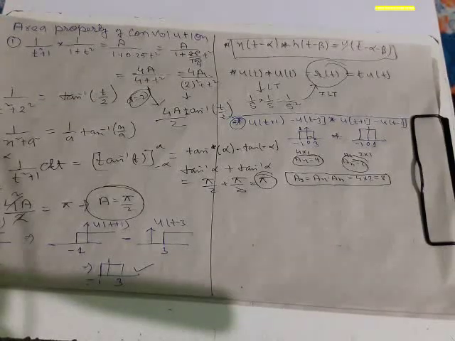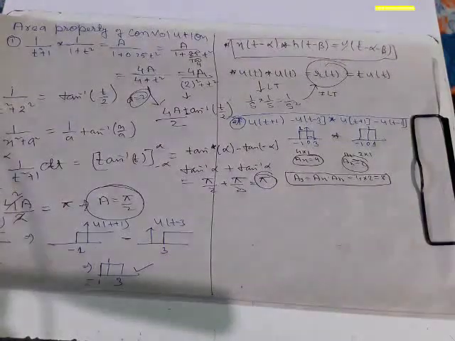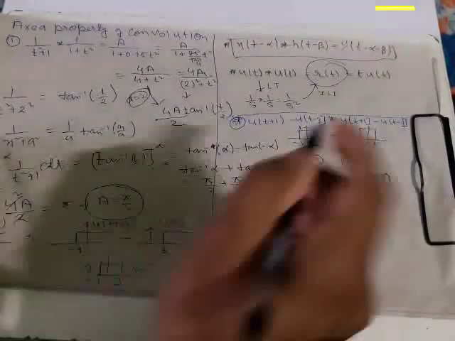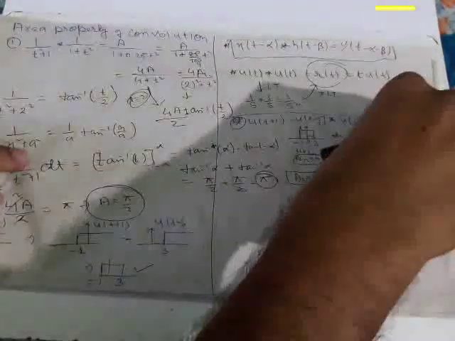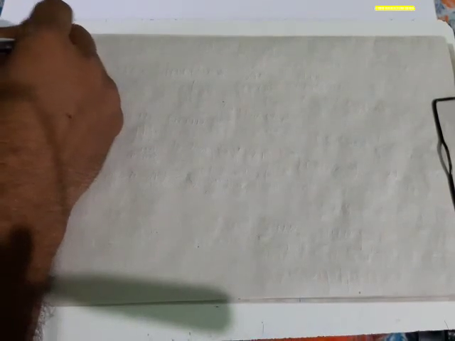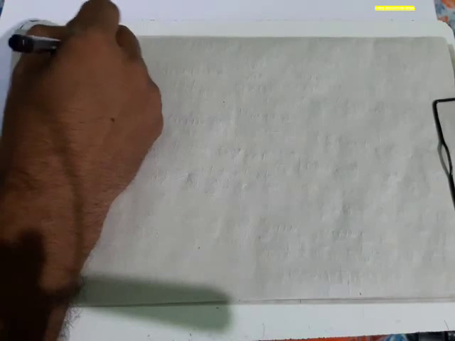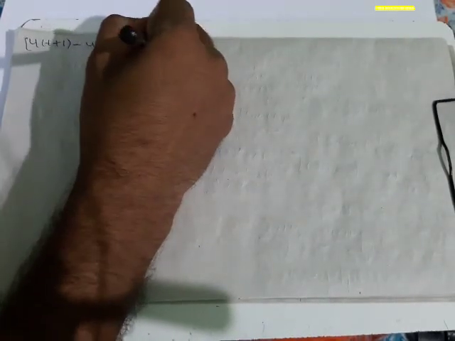Now take this, minus u of t plus 1 convolution with u of t minus 1, again minus, u of t minus 3 convolution with u of t minus 1.